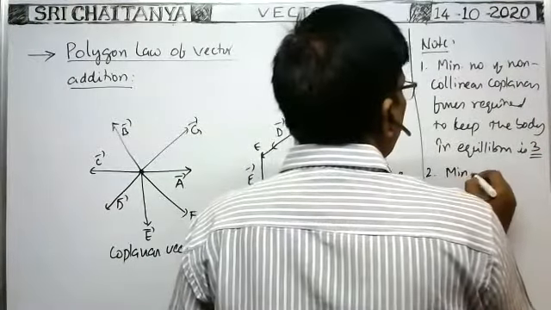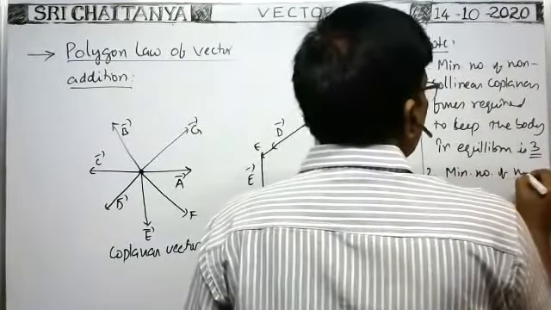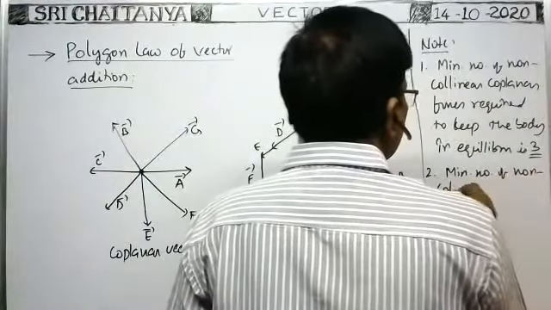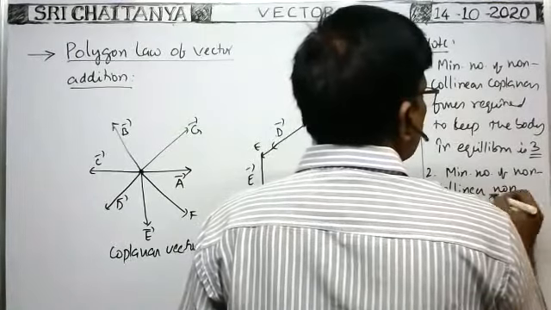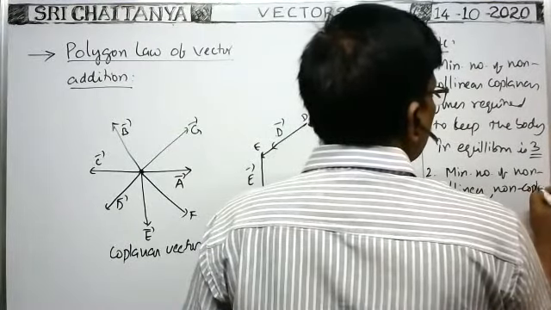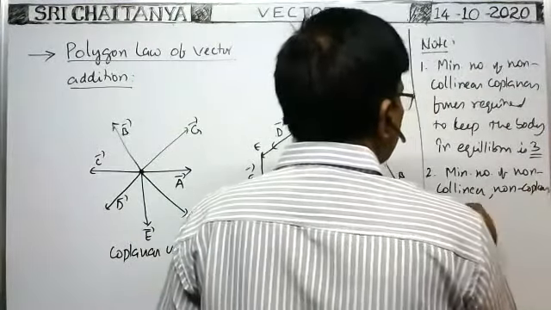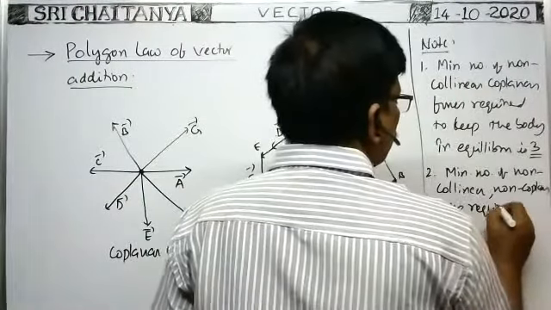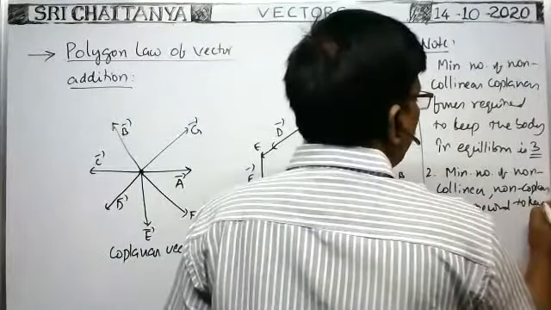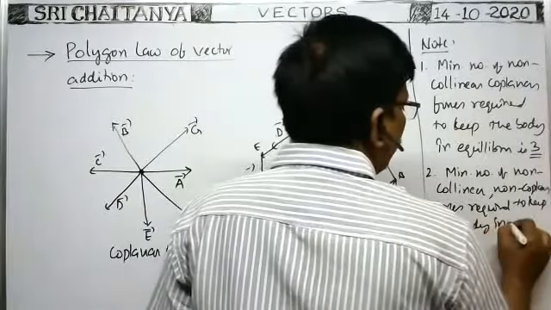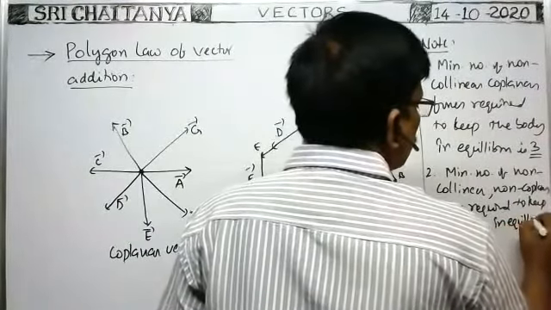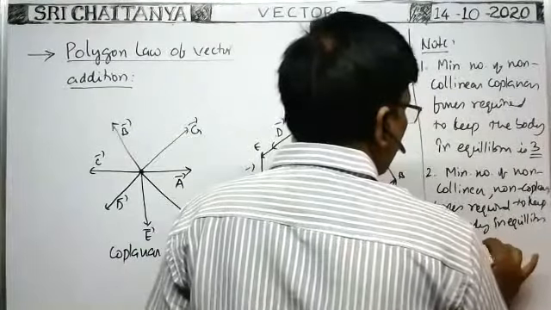Next, the minimum number of non-collinear, non-coplanar forces required to keep the body in equilibrium is 4.